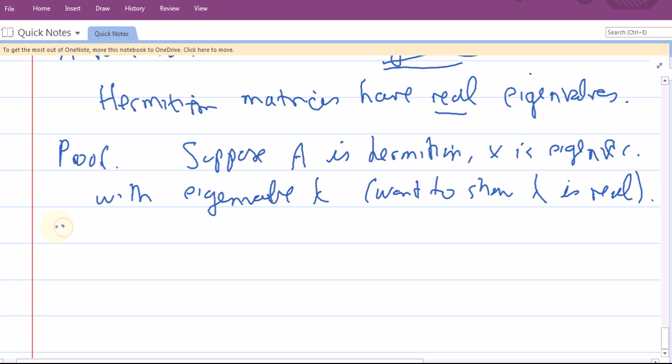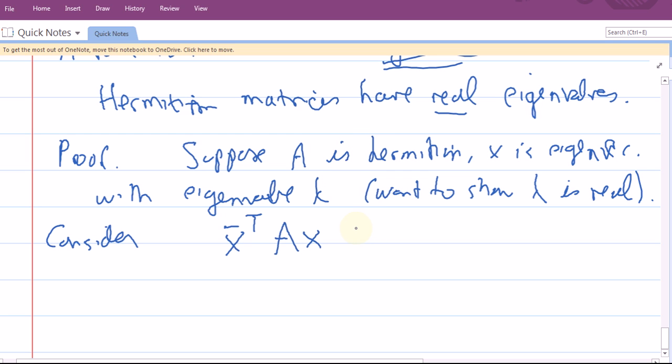Okay, so consider the following: x conjugate transpose times A times x. All right, now you might wonder why I'm considering this. Well, we'll see in a minute.